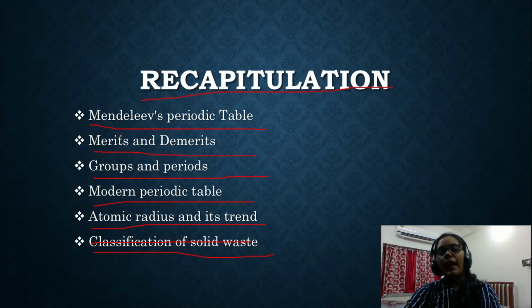We know about Mendeleev's periodic table, merits, demerits, its groups and periods, the modern periodic table, and the atomic radius. So just watch the video, and again you can memorize all the topics, as this is the continuation of the last day. That's why you should remember whatever topics we have discussed in the previous class.